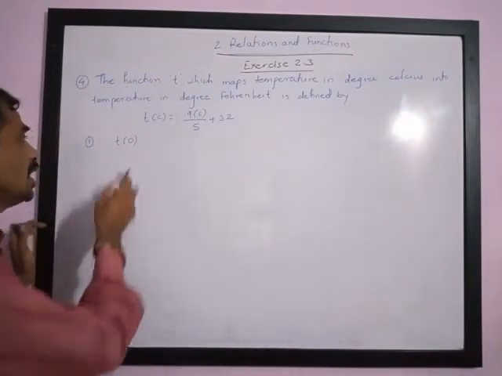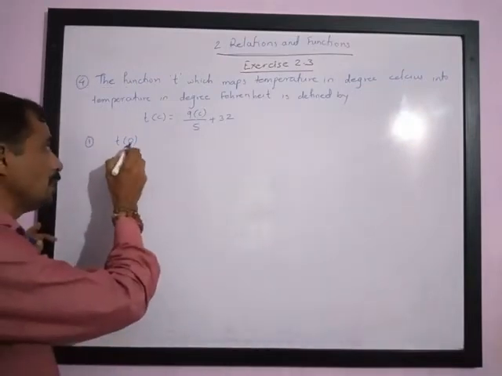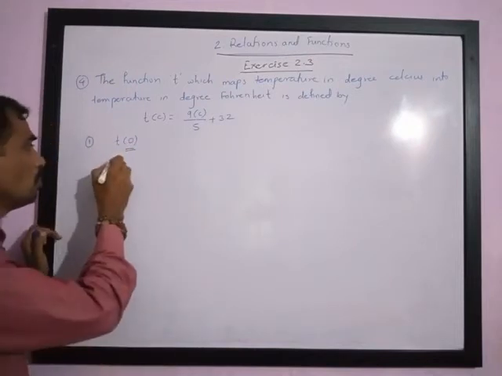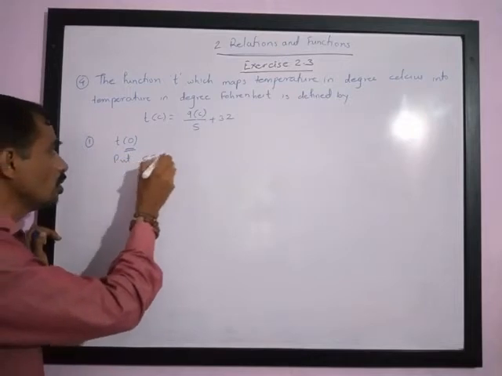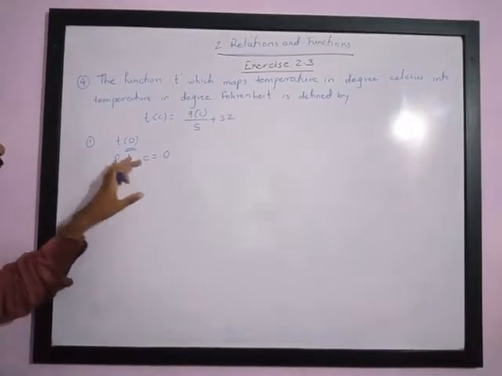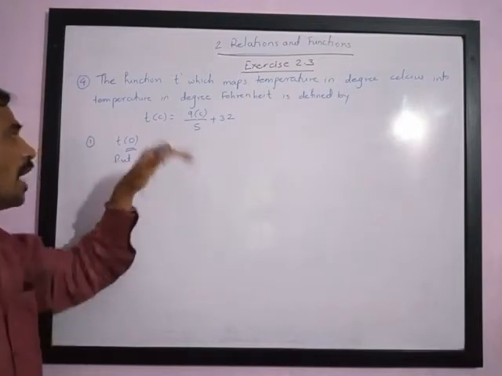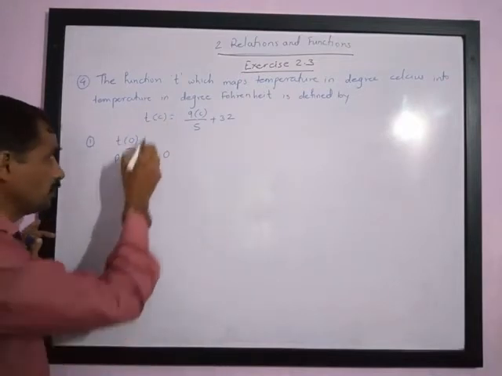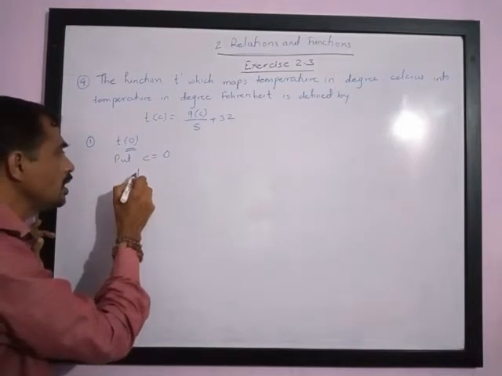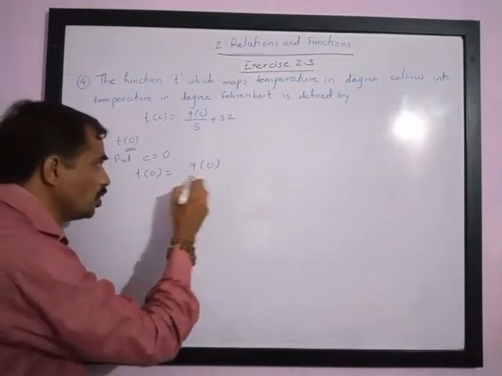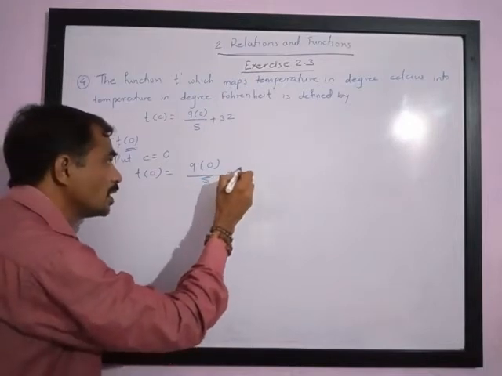If C is 0, temperature is 0 degree Celsius. That is, if C is equal to 0, so put C is equal to 0, you will get temperature corresponding to 0 degree Celsius in Fahrenheit. So let us see what we get. T of 0 is equal to 9 multiplied by 0 divided by 5 plus 32.